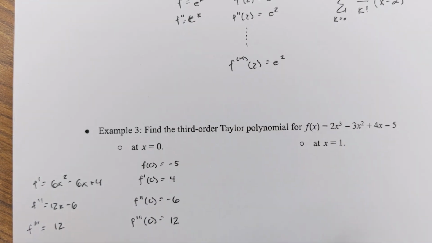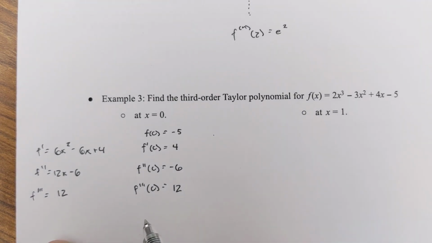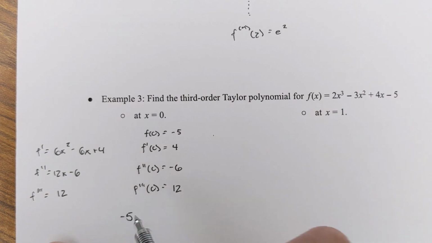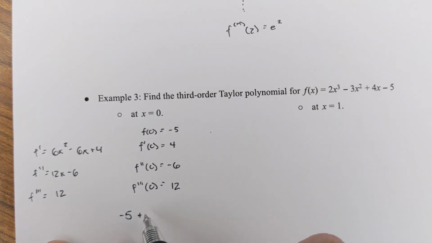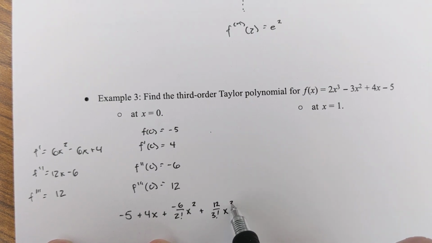So 12. So my pattern is f of 0 plus f prime x plus f double prime over 2 factorial x squared plus the third derivative over 3 factorial x cubed.